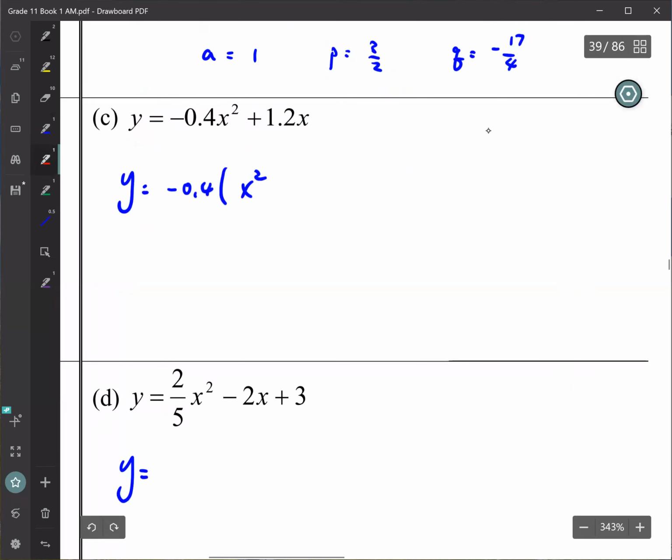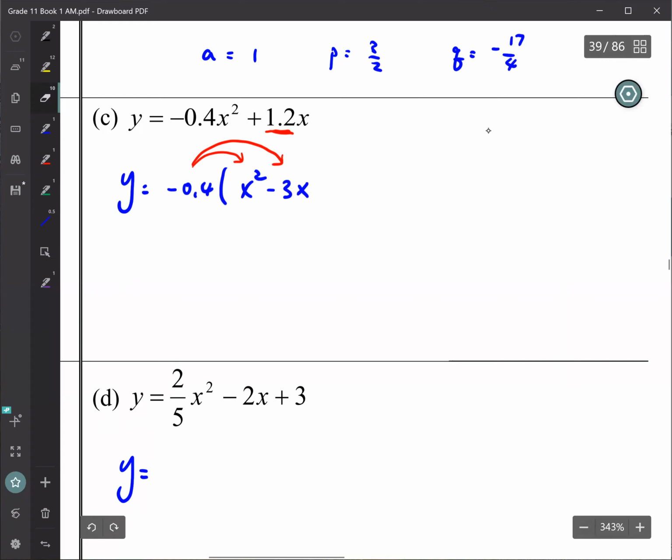So now you need to take 1.2 divided by negative 0.4. Isn't that negative 3? Yes, so that will give you minus 3x. Make sense so far? Because if you multiply back in, if you expand, then you get the same thing back.